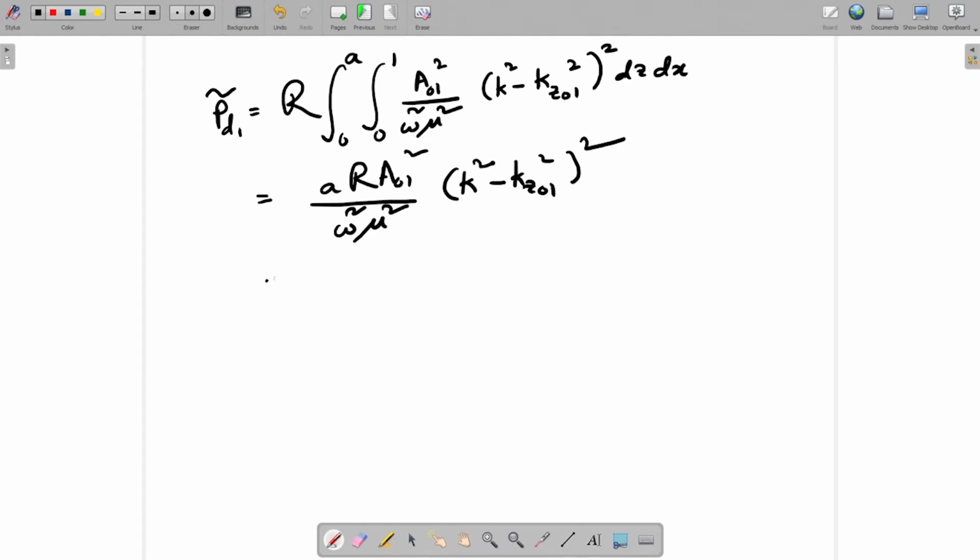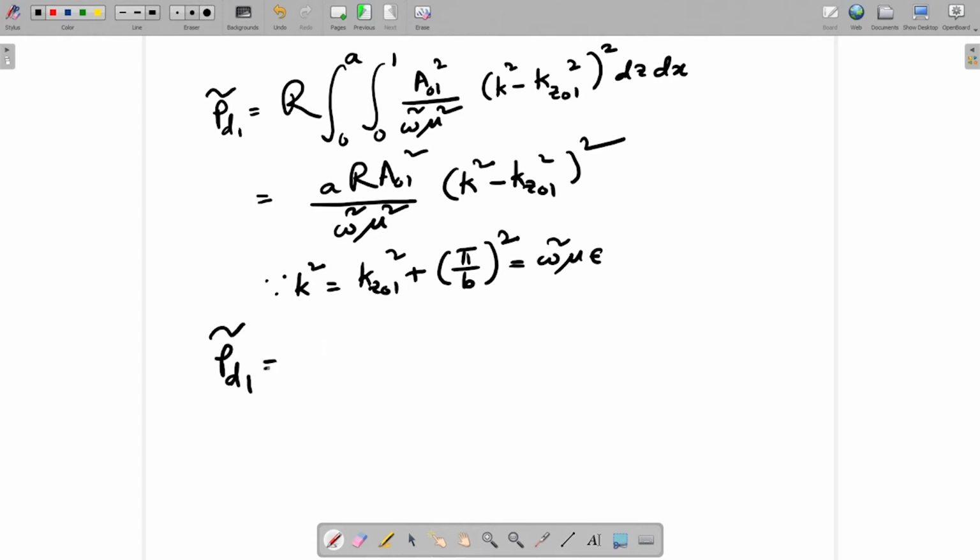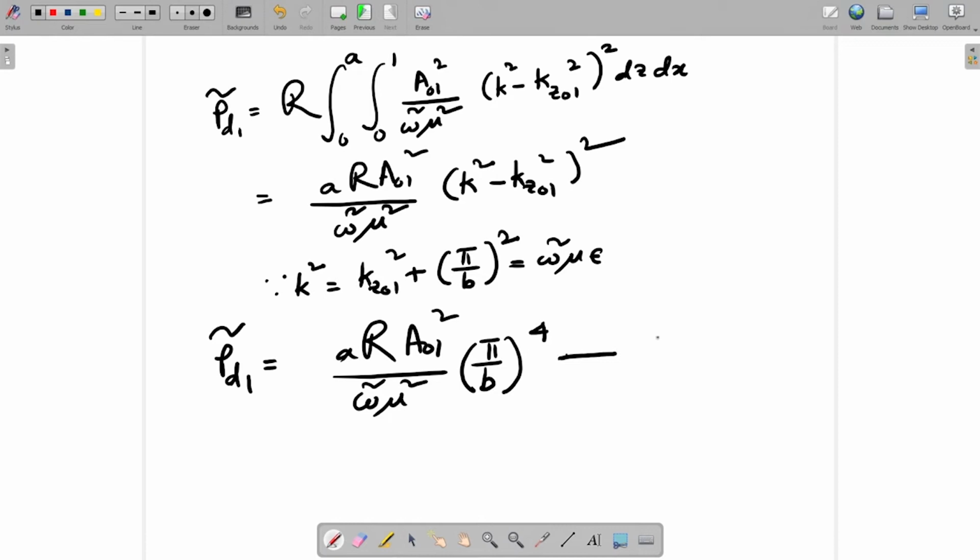And since k square is kz01 square plus pi by b whole square, that is omega square mu epsilon, we have the expression for PD1 tilde given by A R A01 square by omega square mu square, pi by b to the power 4. So, we can call this expression 59.